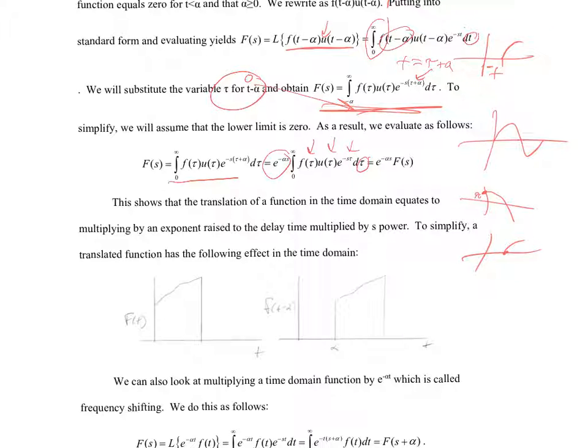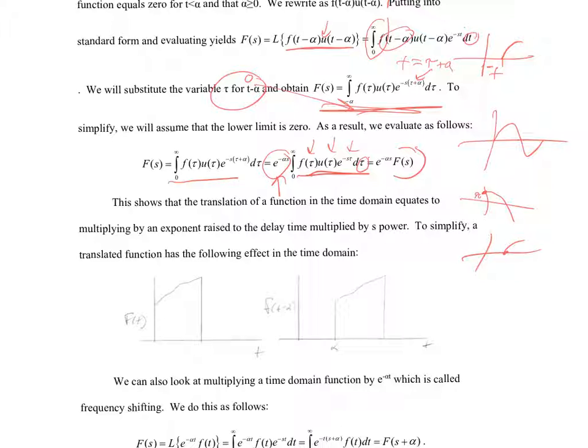So what that means is this is now my integral multiplied by that constant, which is just my function transformed into the Laplace domain multiplied by e to the minus as.